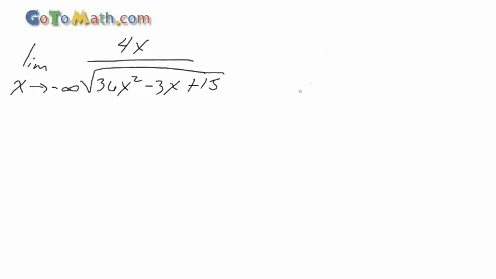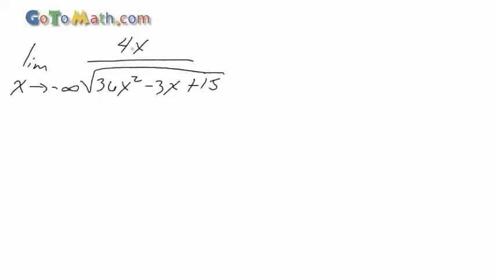In other words, we're going to have two different horizontal asymptotes. But the way I deal with this is I'll take this negative right here and literally bring it out in front of this limit, and then pretend that we're just going to positive infinity. So that's the way I deal with these guys.